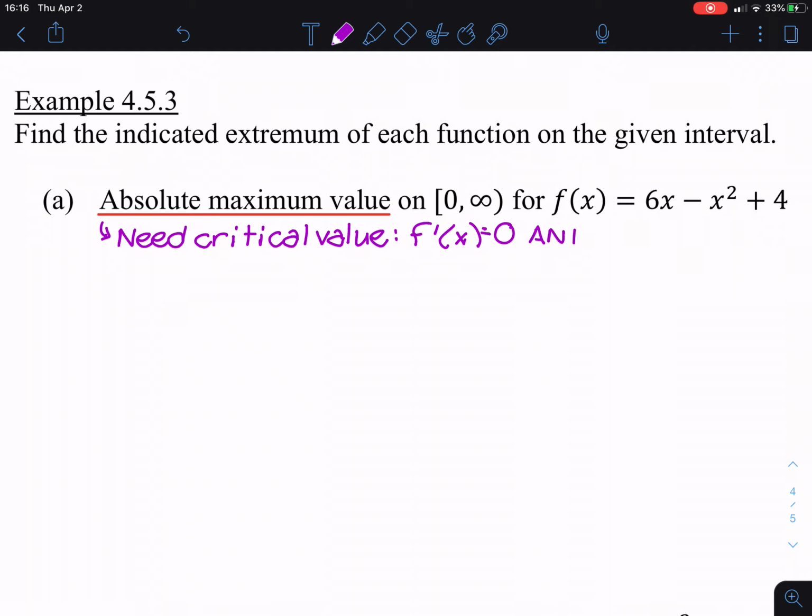And because we're looking for a maximum, we want our function to be concave down on the interval as well. In other words, the second derivative of x needs to be less than 0 on this interval.